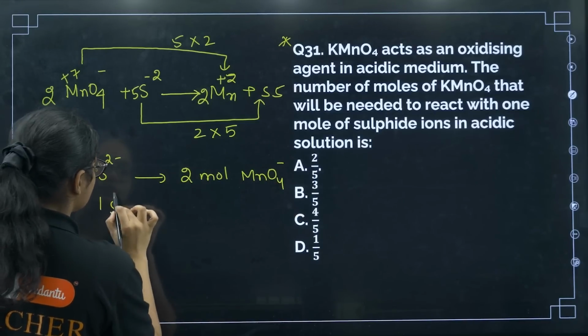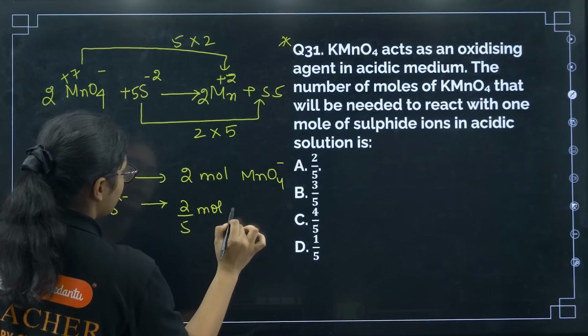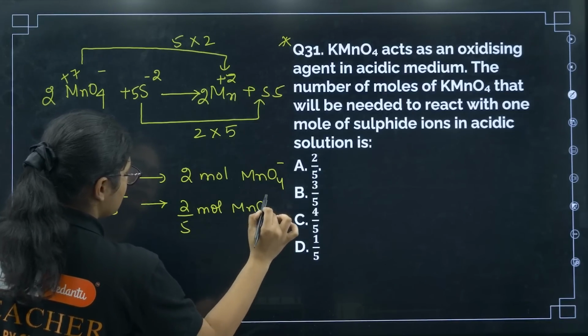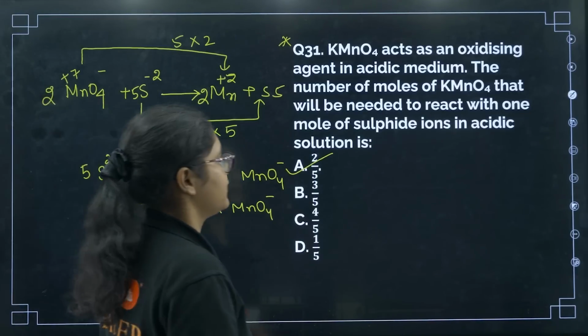Then 1 S2 minus will require 2 by 5 moles of MnO4 minus, right? So the correct answer here will be option A, 2 by 5.